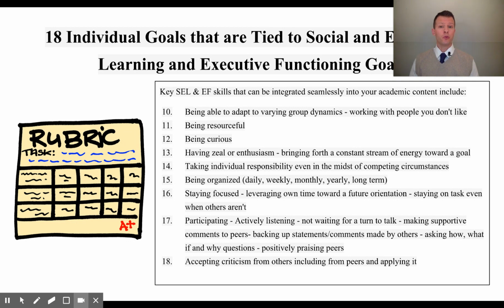But if you use a rubric and you say, all right, this independent practice piece of our lesson today is going to take 7 minutes, and I need everybody to be fully involved in participating for that full 7 minutes, and if you do, you're going to get a 5 out of 5 on our rubric, let's go for it. If you talk about that and you set it up that way, you have a better chance at moving towards that goal of staying focused.